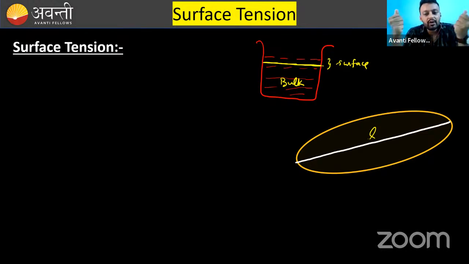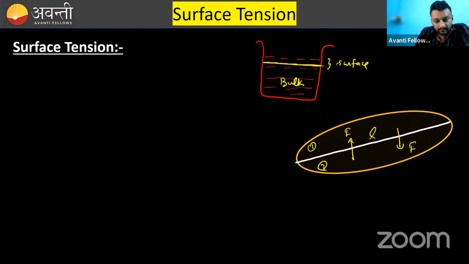And if it is shrinking, what does it do? These are two parts of the surface, one part and two part. Each part will try to pull the other part by exerting some force. Part one is pulling part two, and part two is pulling part one.